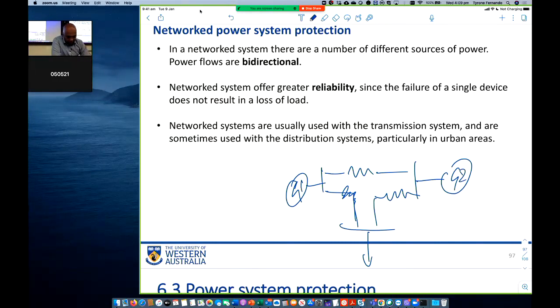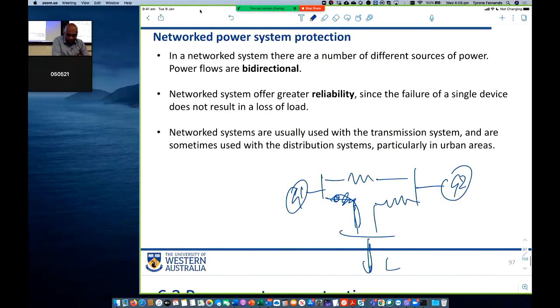If there is a fault somewhere here, we can get rid of this line and this load L can still be supplied by generator 2. Unlike a radial system, where when there is a fault, we have to shed a load.